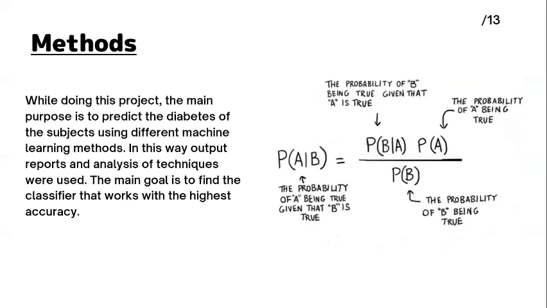Next, please. 5 algorithms were determined for the methods part of the study. These are naive Bayes theorem, support vector machines, KNN algorithm, decision trees, and adaptive boosting classifier. Naive Bayes approach is commonly used in supervised learning classification that is linear.